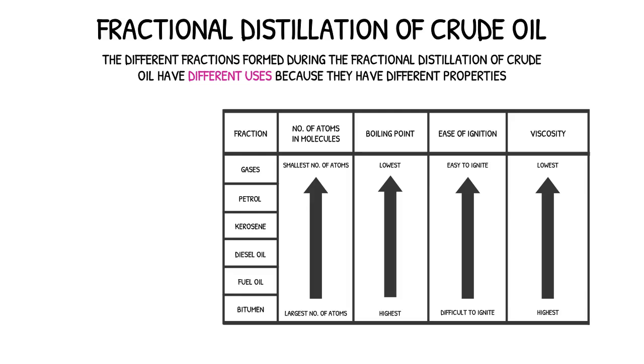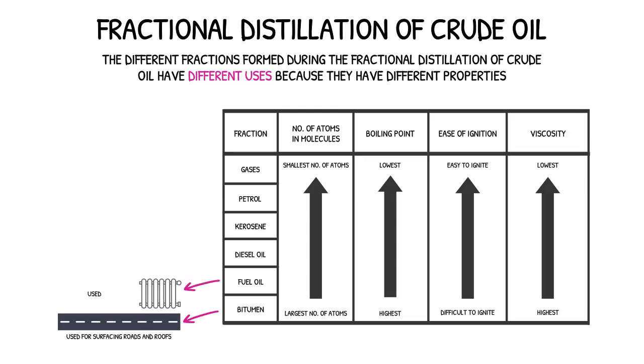These different properties combined can be used to explain the various uses of each fraction in the industry. For example, bitumen is not used as a fuel because its boiling point is far too high and it is therefore not very flammable. However, its high viscosity makes it a great material in road construction.